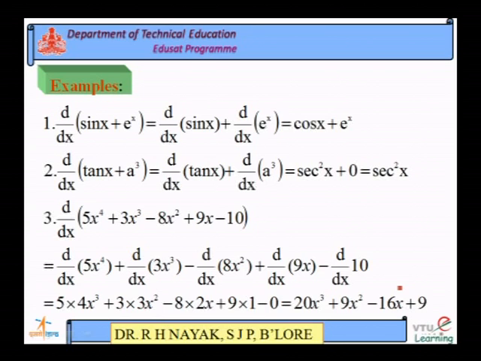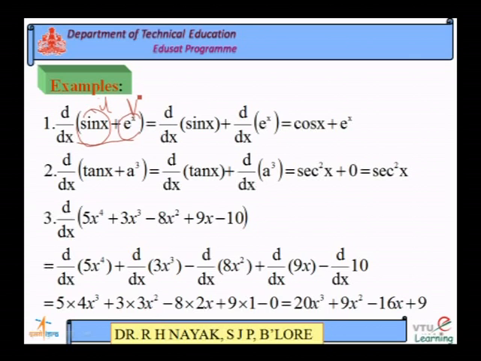First one, we have differentiation of sin x plus e power x. Sin x is taken as u, e power x is taken as v. So, according to the sum rule, we have to differentiate sin x plus differentiate e power x, that is differentiation of u plus differentiation of v.